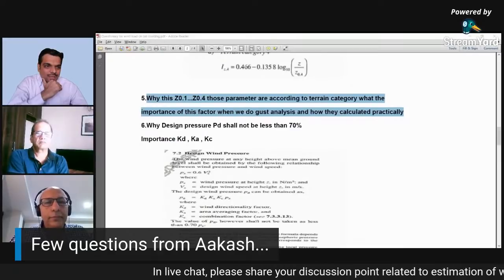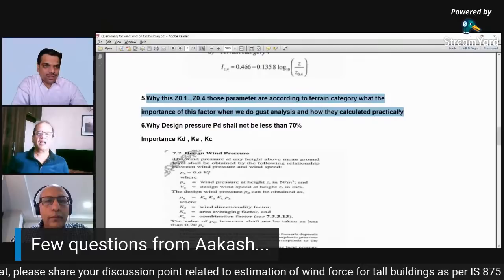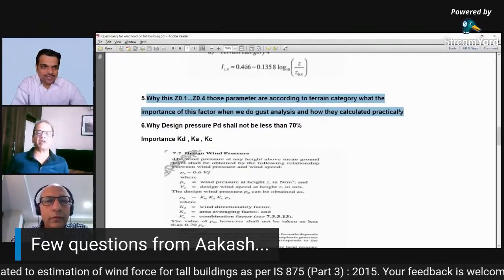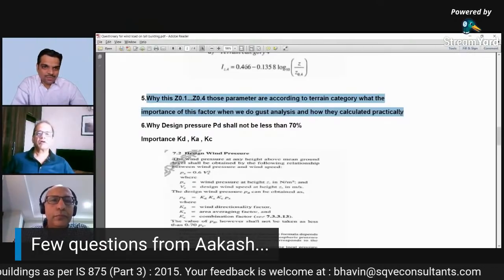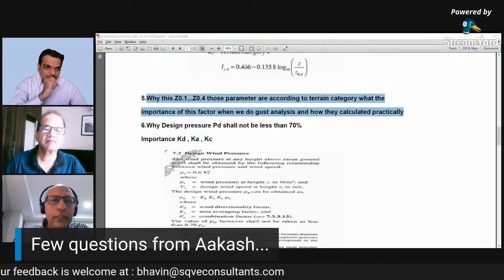Right. So the next question is again, I think, on the same line: why these parameters, z0? Why are the z0 parameters according to terrain category? Tony, would you like to? I think you explained it already in the last one.